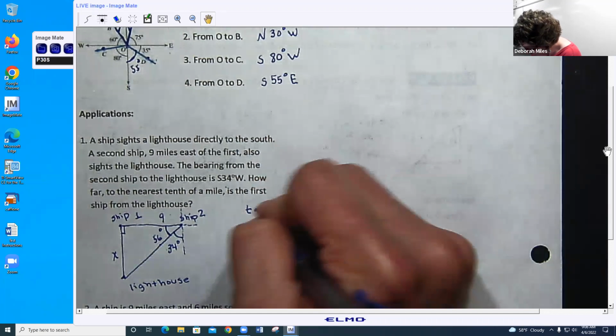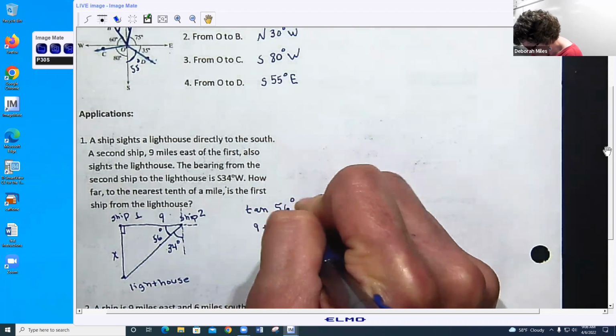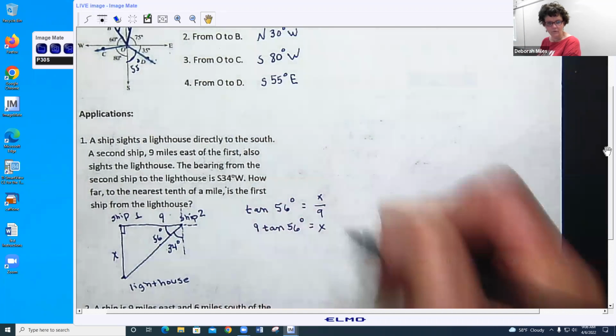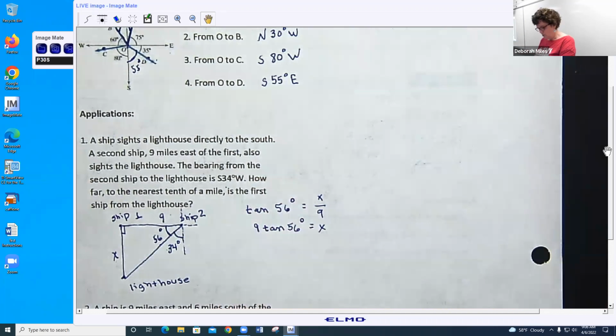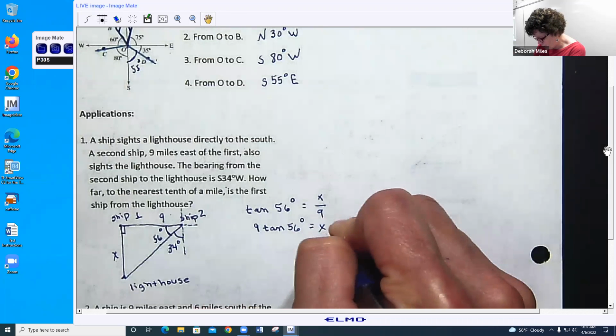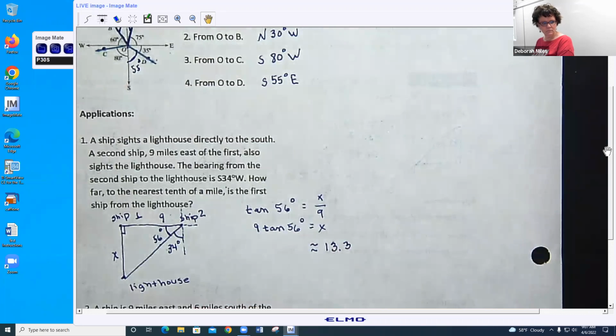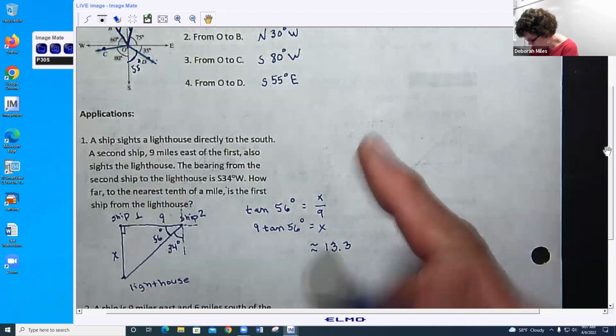We would clear out the fractions and we'd have the x by itself. So I just need to punch on the calculator 9 times the tangent of 56 degrees. It's darn close to 13.3. What's my units here? Yeah, miles.